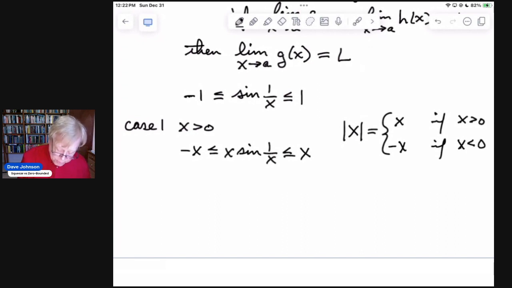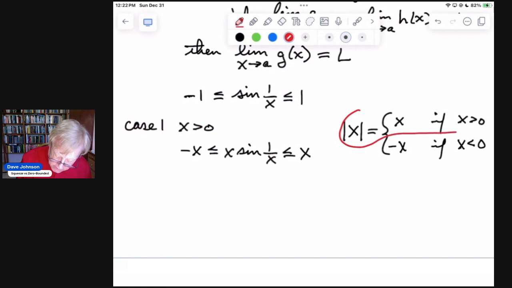Okay, well, but we have x greater than 0. So let me do this in red, and let's consider this part of the piecewise defined function. If that's the case, then for our case 1, the absolute value of x is equal to x.